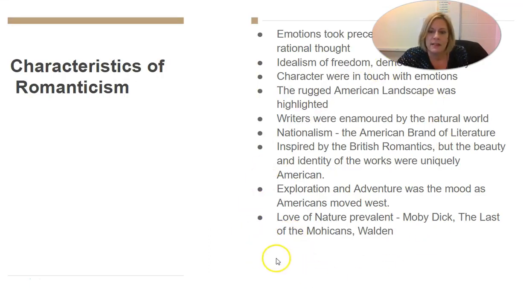Here are some characteristics that we have already kind of gone through. Emotions took precedence over reason and rational thought. There's the idealism theme. The characters in these pieces of art were in touch with their emotions, and the poetry of the day displayed emotions, not always love, but emotions.